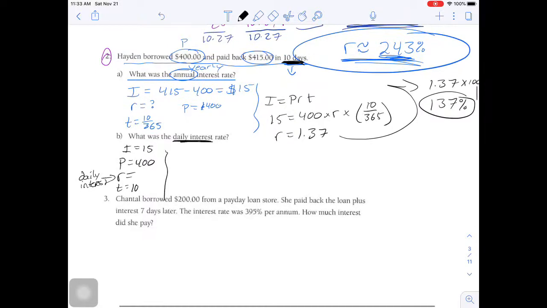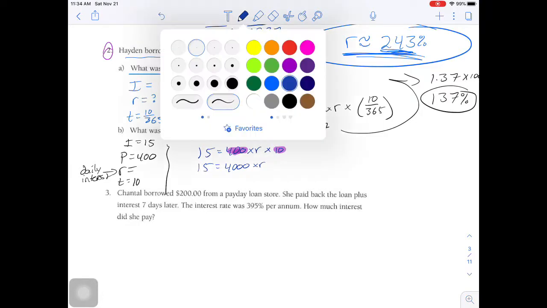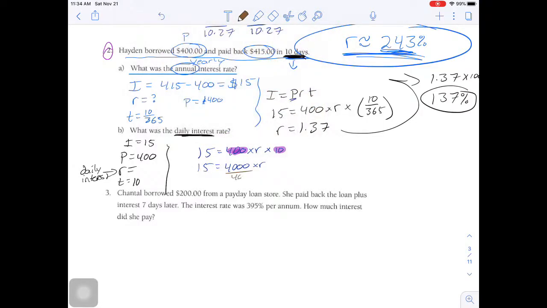And then from there, we're going to plug in our formula. So 15 equals P, so P is 400, times R, which we're trying to find out, and then times T, which is just 10 here. Then from there, you're going to solve. So I'm going to take these two numbers and multiply: 15 equals 400 times 10, which is 4,000, times R. And then I'm going to divide by 4,000.